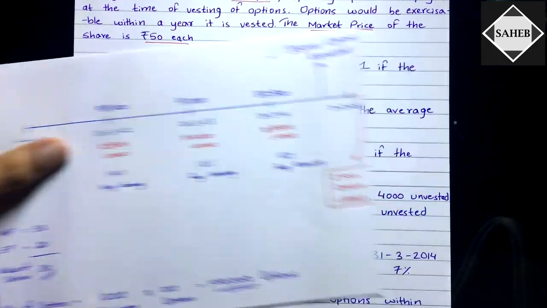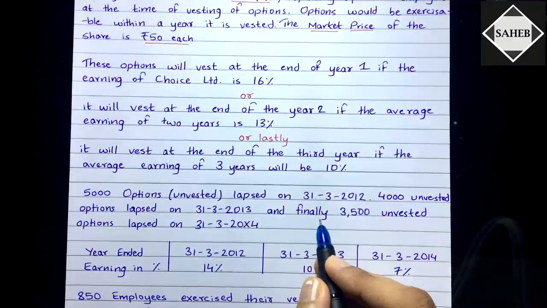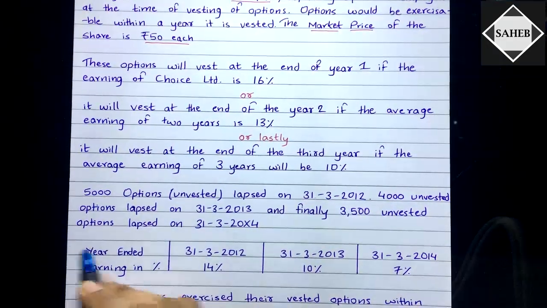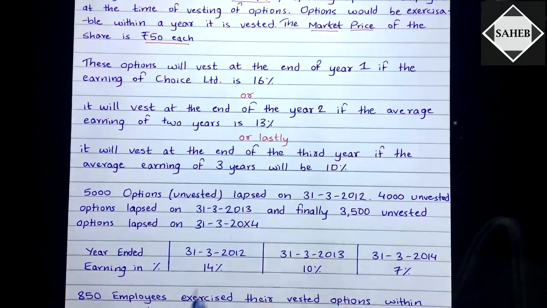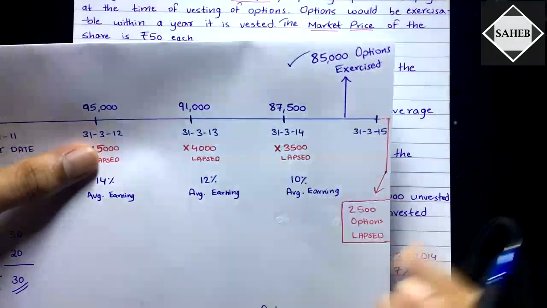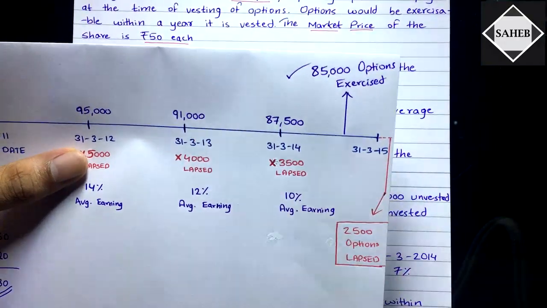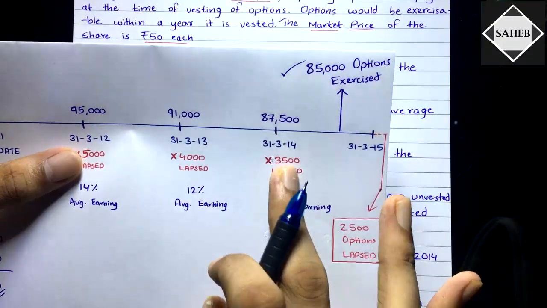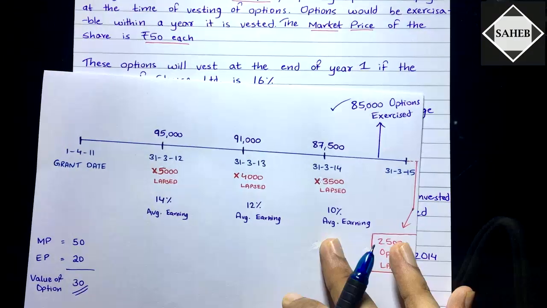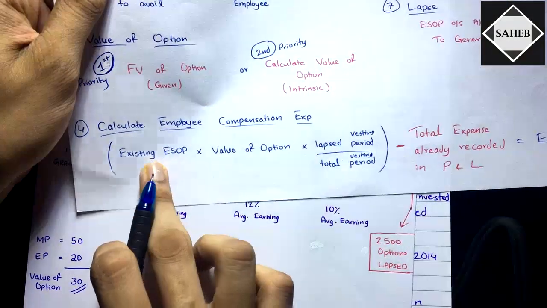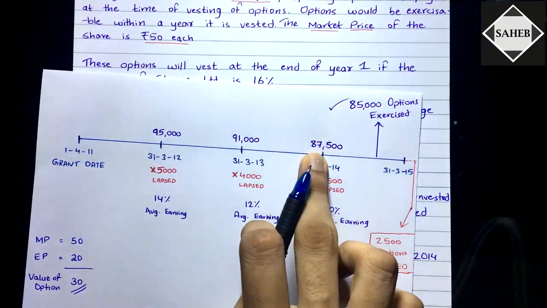Clear? Yes. Then, finally, 3,500 unvested options lapsed on 31st/3/2014. So here they are saying at the end of year 3, 3,500 options have been lapsed, right? So the remaining options on this date for the calculation of the third year employee compensation expense, what will you take over here? You are going to take 87,500.